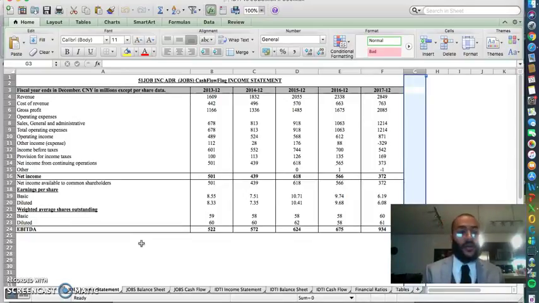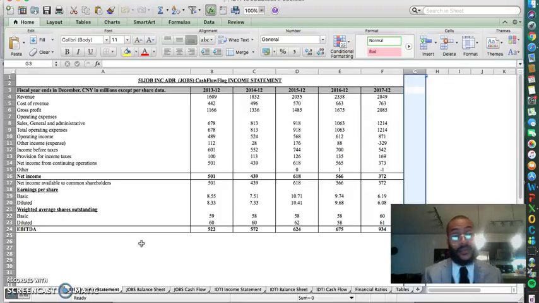As we can see here, the net income in 2013 was 501. It went down to 439, and then went back up in 2015 to 618, went down to 566, and then at the end of 2017 went way down to 372.